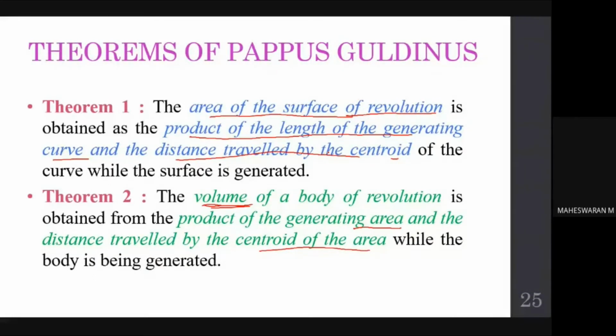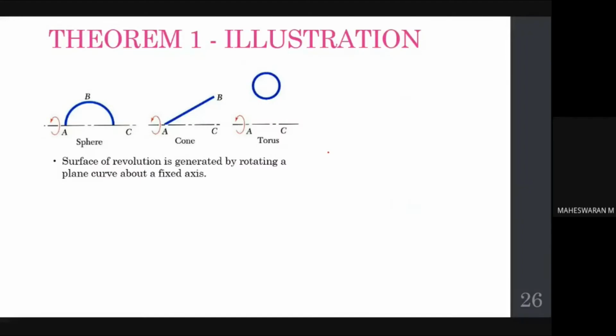Now it is the center of the area. So both are the same. The only difference is that one deals with only a line, the other deals with an area, right? So these are the two theorems. Whenever they ask you in a question, you have to write this statement along with a formula. So in the next slide, I will show you the formula with respect to that, right?